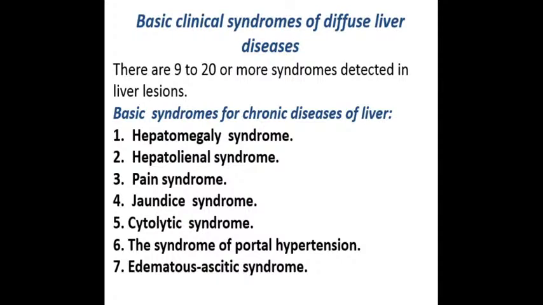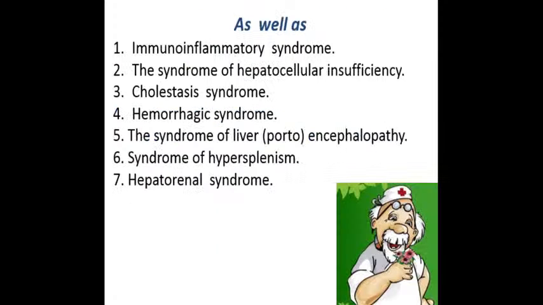Pain syndrome, if the patient has pain in the right hypochondrium. Very often the first syndrome may be jaundice, or cytolytic syndrome, if we do a laboratory examination and see changes. The syndrome of portal hypertension and edematous ascitic syndrome.